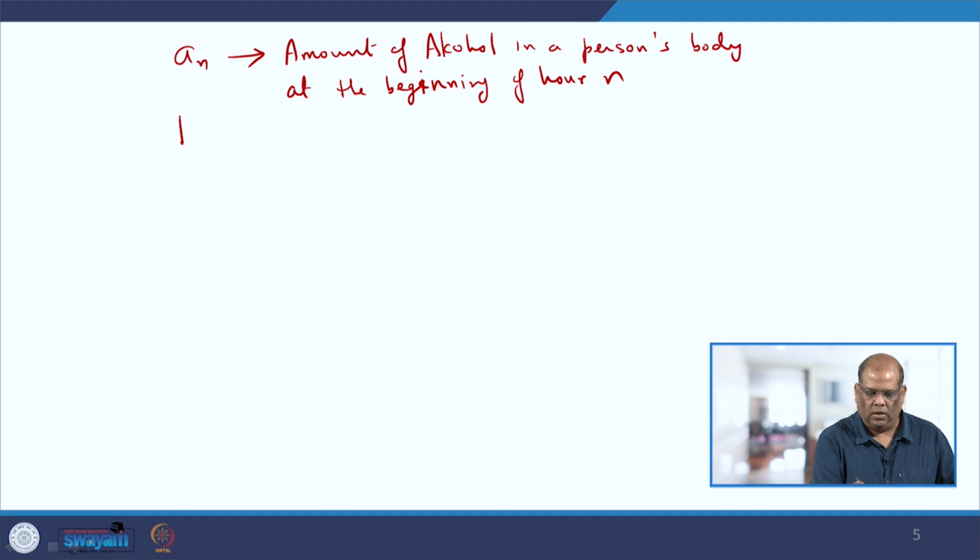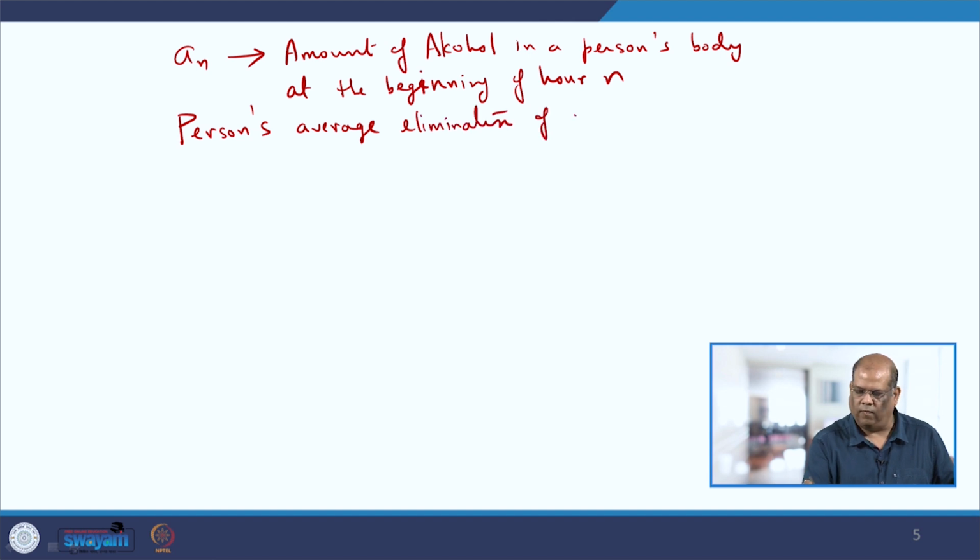As mentioned before, the average elimination of alcohol is 15% from his body each hour.